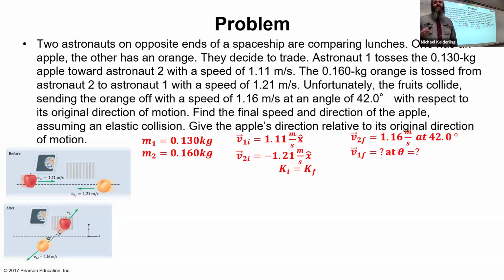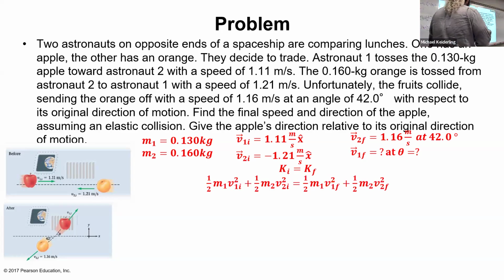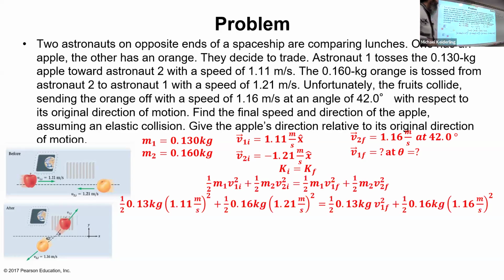Kinetic energy initial equals kinetic energy final. So 1/2 mass 1 velocity 1 initial squared plus 1/2 mass 2 velocity 2 initial squared equals 1/2 mass 1 velocity 1 final squared plus 1/2 mass 2 velocity 2 final squared.